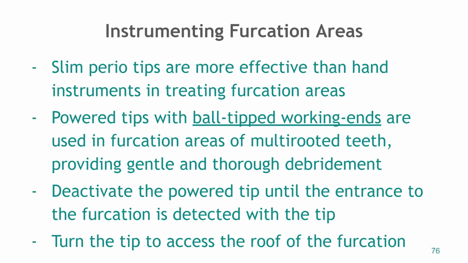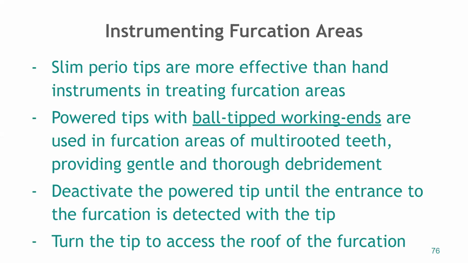Okay, so instrumenting in furcation areas, like we talked about, that slim perio tip is going to be the most effective way for treating furcation areas. Powered tips with a ball tip are used in furcation areas to provide gentle and thorough debridement. Deactivate the powered tip until the entrance into the furcation is detected with the tip.